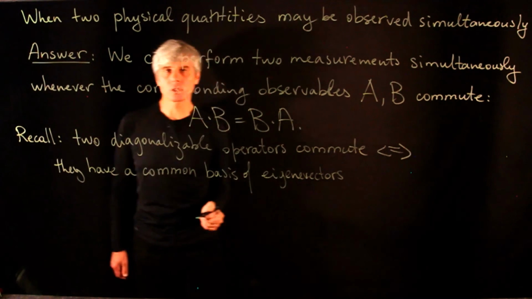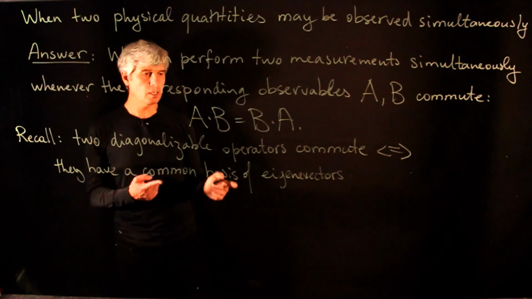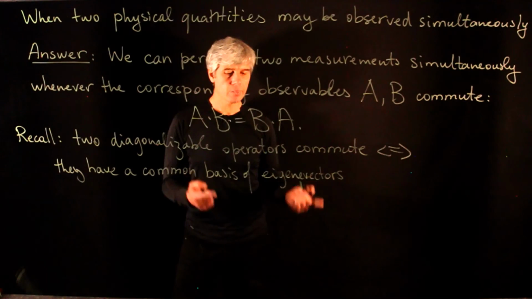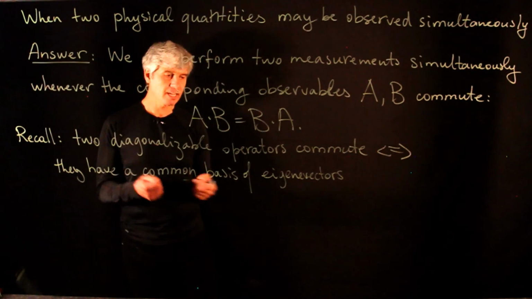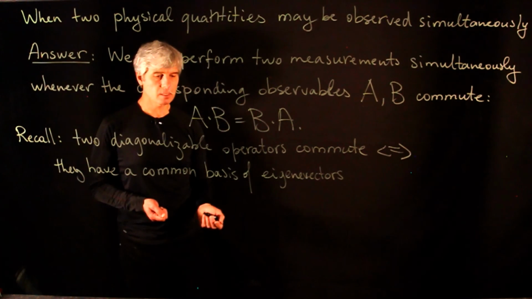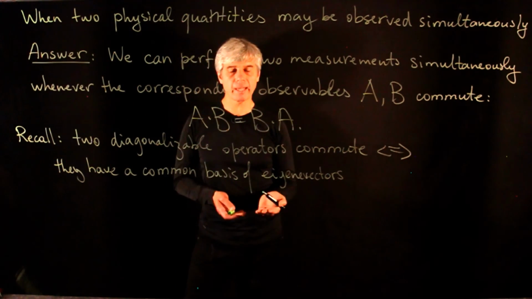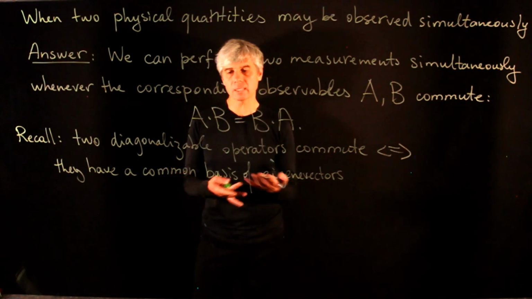So in other words, if two operators commute and they're diagonalizable, then we can diagonalize them in the same basis. And if we can diagonalize two operators in the same basis, then they will commute.